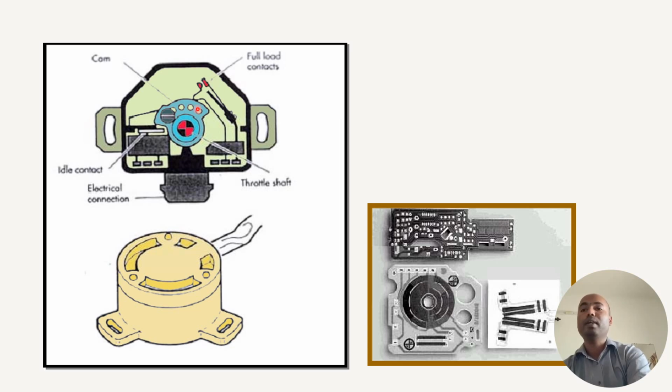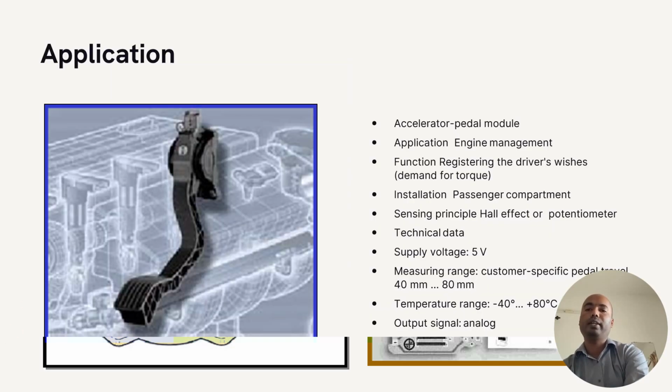At that time, these contact breakers give the signal output. Once the signal output is received from this contact breaker, the machine can understand that the driver is demanding full load enrichment, like uphill climbing or overloading. In these conditions, the full load contact breakers make contact. So only when pressing full acceleration do the full load enrichments work.